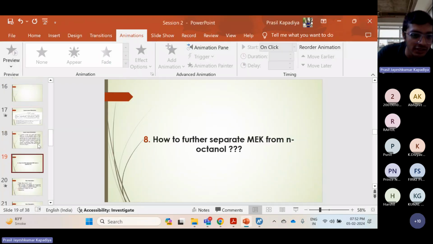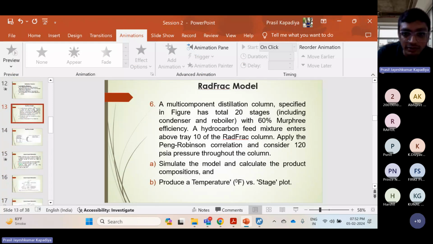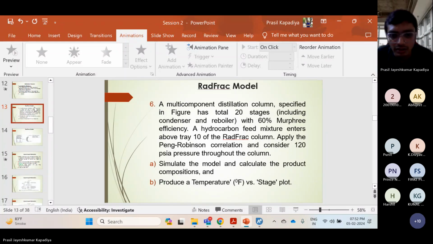Wait, I will open the last problem. You need the problem statement. Yes, this one. Yes, there are 20 trays, right?